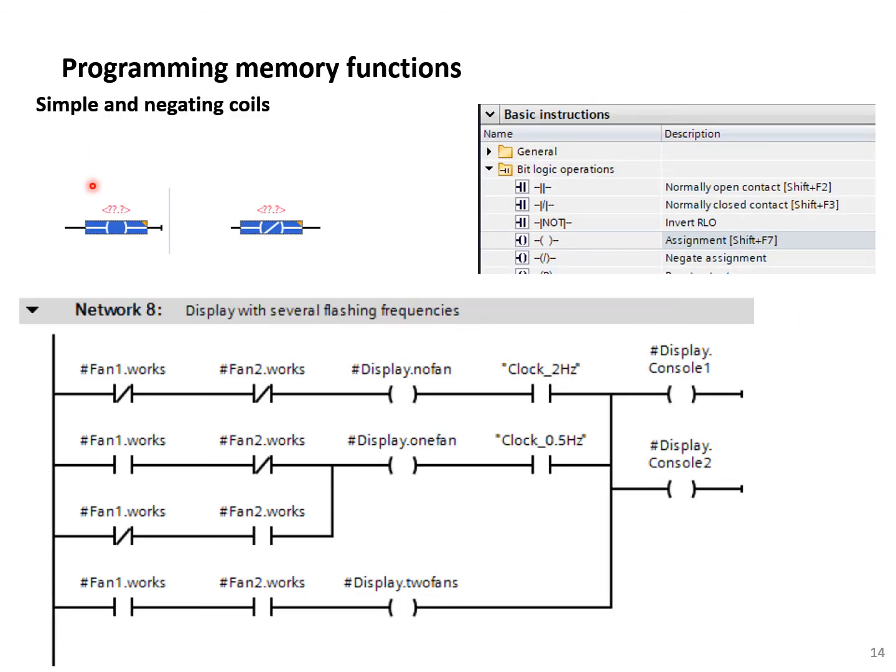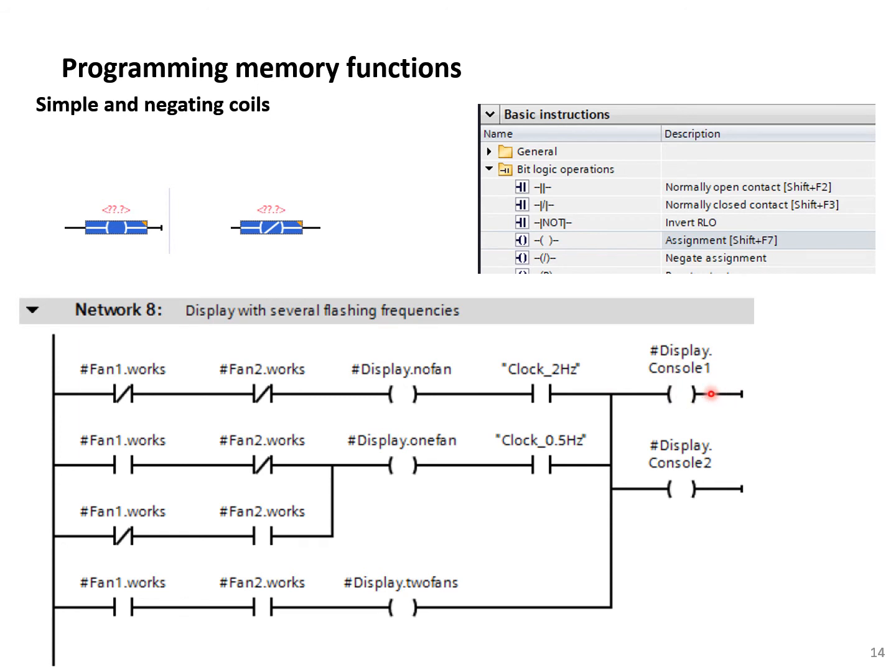Simple and negated coils. Let's go through this example and see what the differences between them are. Okay, so in this program we have two fans, and here I could see one display for no fan and one display for console 1.